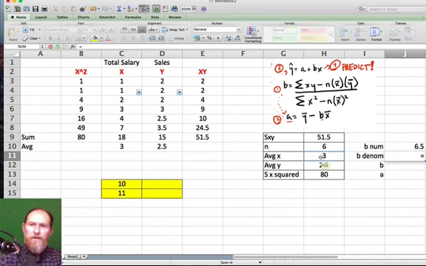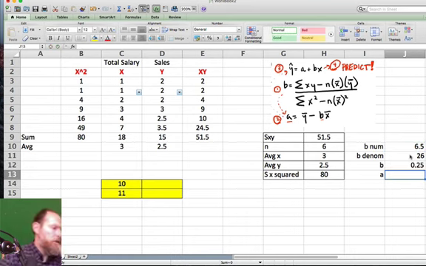My denominator is my sum of x squared minus n times my average x squared. Numerator divided by denominator: 0.25.